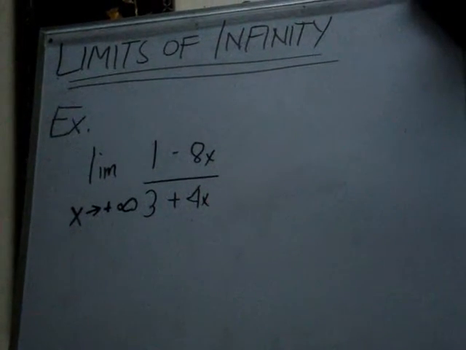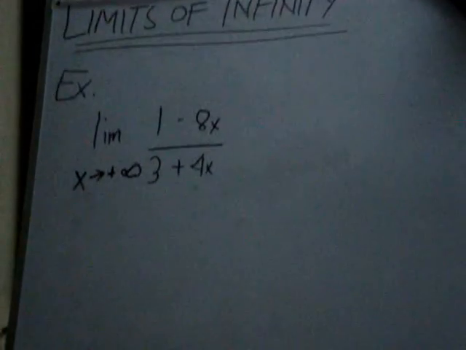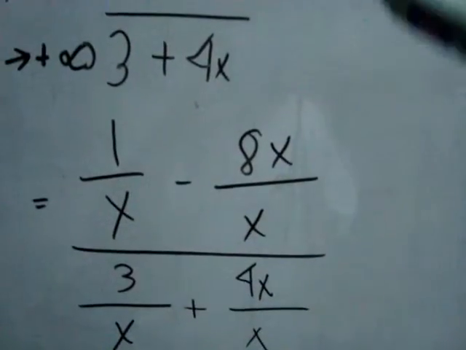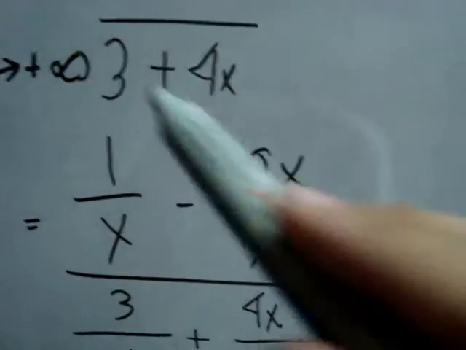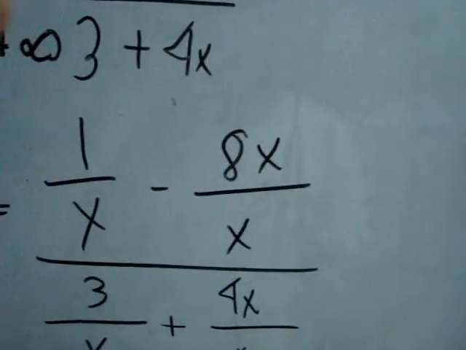So here, I have a sample problem: the limit of 1 minus 8x over 3 plus 4x, where x approaches positive infinity. I'm gonna show you how to solve for this. So here, I brought down x from 8x, so we have 1 over x minus 8x over x.